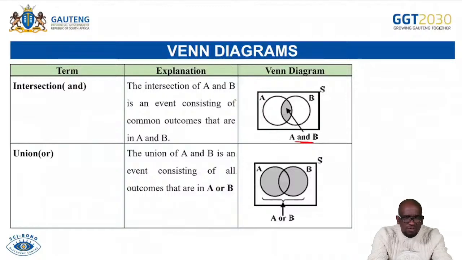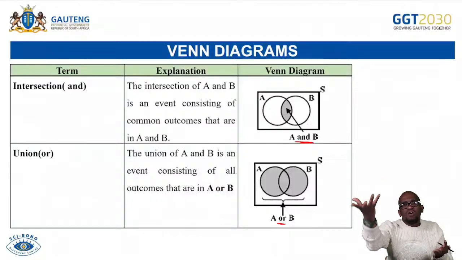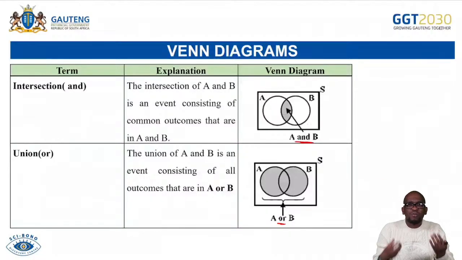And then we have the union, all right? Sometimes we use OR for the union, not like in your ordinary language where OR would mean you take this or that, all right? But in probability, when they say OR, it means you are taking all those elements that are involved there. So you are unifying both the sets.